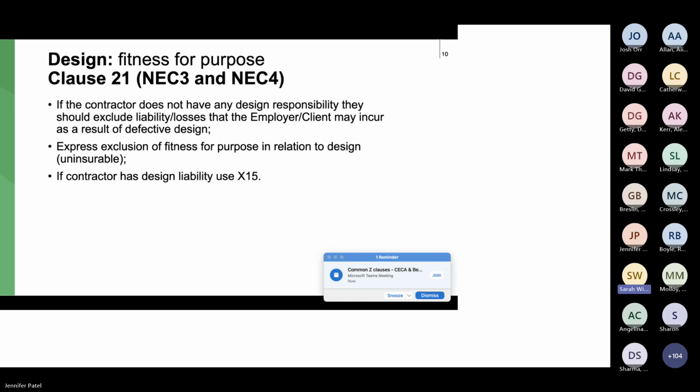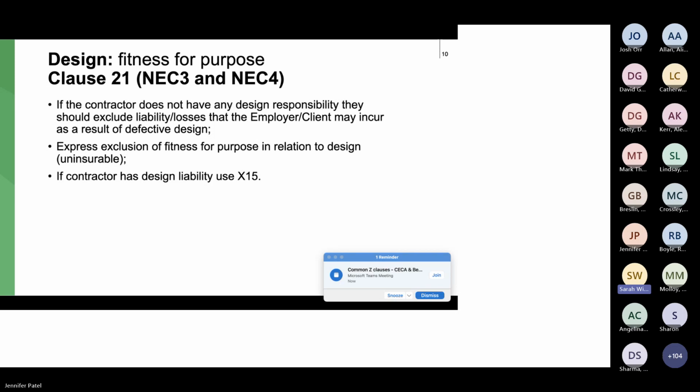Because just going back to our discussion about ambiguities, that is one area where it might be an ambiguity if you've got X15, reasonable skill and care, and then a Z clause or the scope saying that it's fitness for purpose, or saying something more subtle to the effect that this facility has got to work in the way that we expect it works.